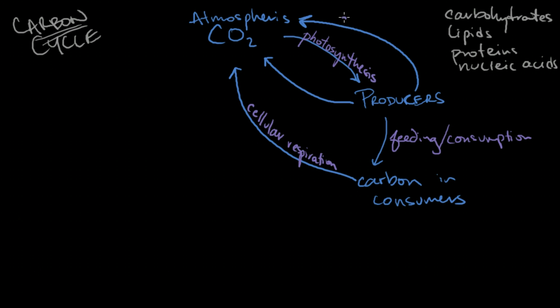And the mitochondria is the one that does most of the work for cellular respiration. And so producers don't necessarily always have this arrow, but there can be an arrow from plants, if these producers are plants, back to the atmospheric carbon dioxide.